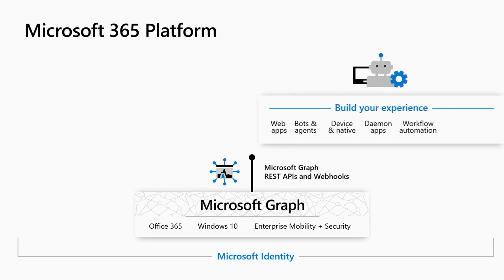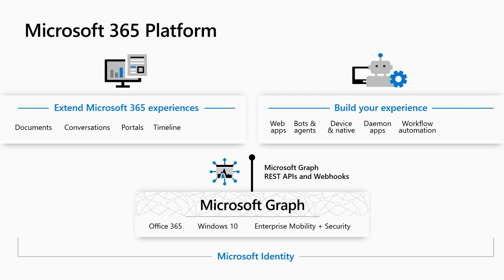And with that, you can build all kinds of experiences: web apps, bots and agents, device applications, native applications, daemon apps, workflow automation. The world is your oyster. You can even extend existing Microsoft 365 experiences.